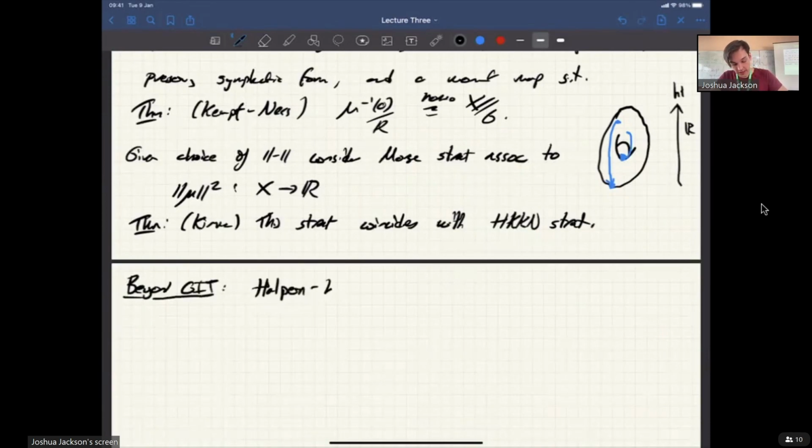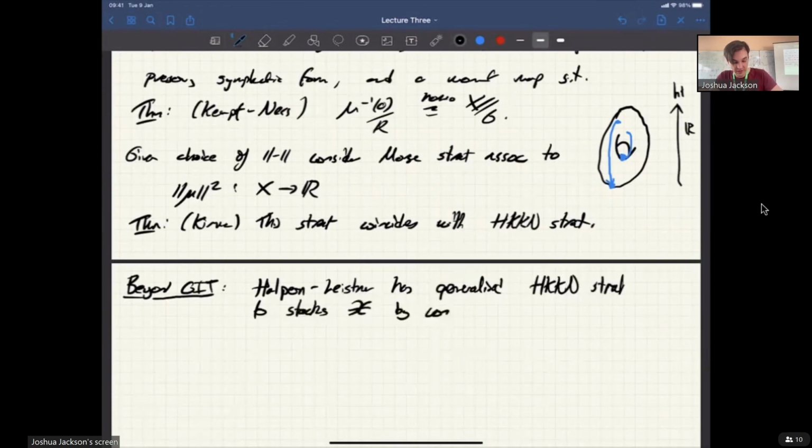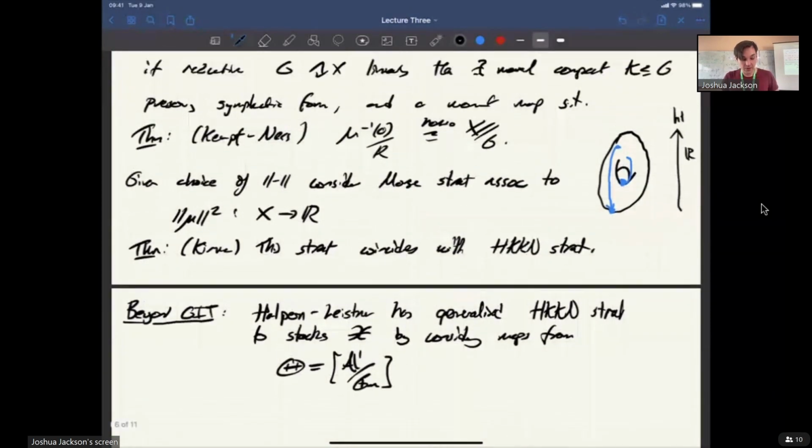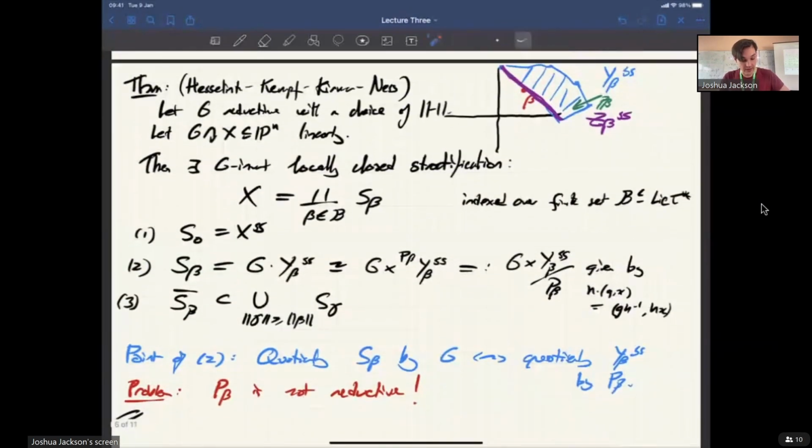Halpern-Leistner has generalized the HKKN stratification to stacks X by considering maps from a stack that he calls theta, which is just A1 quotient by G, that quotient stack there. So this is a huge generalization of this story that you see in reductive GIT.